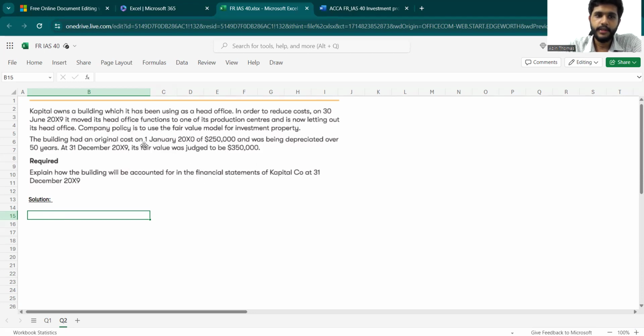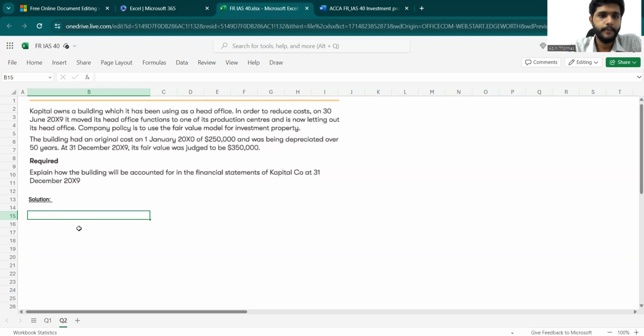The requirement is to explain how the building will be accounted for in the financial statements of Capital at 31st December 20X9, the year-end date.